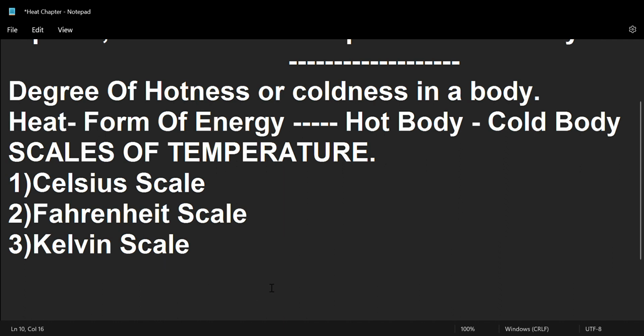Now the thermal expansion of gases. Gases also expand when they are heated. Gases expand much more than liquids or solids. Like liquids, gases do not have a definite shape, so they have only cubical expansion. What is cubical expansion?